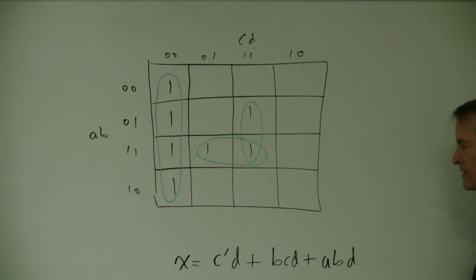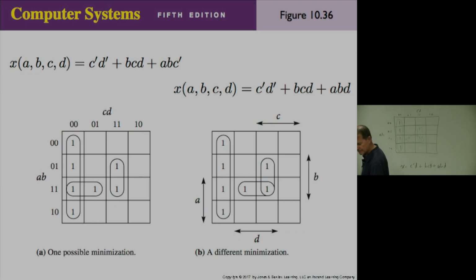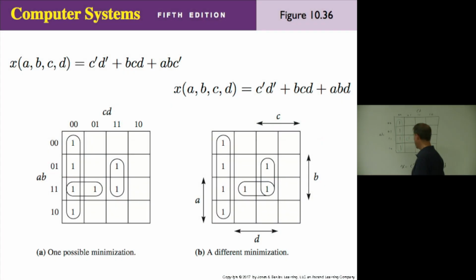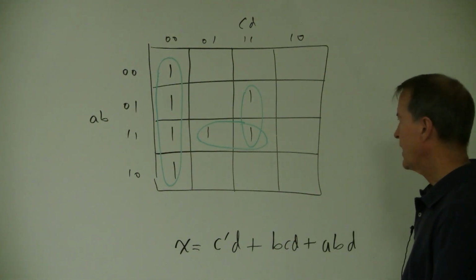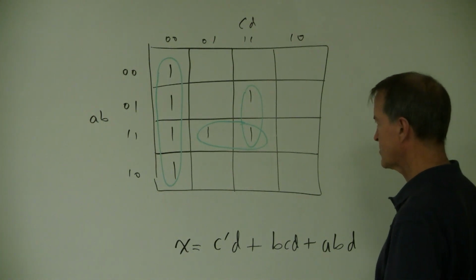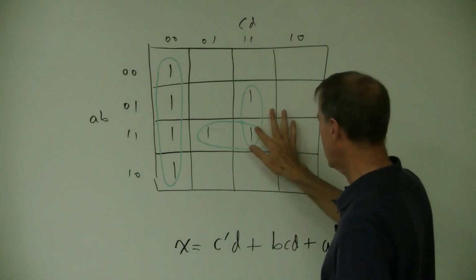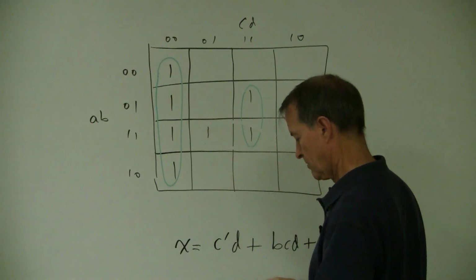But on the other hand, in figure 10.36, part A, that's one possible minimization. But on the other hand, what we could do is, instead of grouping this with this, and so I don't have to rewrite the whole thing, we'll just erase it. Okay?